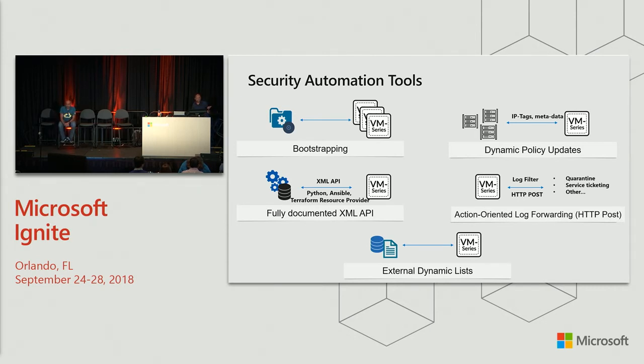For example, in the logging system, you can set all the filters you want to say, these are the things I'm looking for. If I see these types of malware, I want you to take this action. Essentially, it's just a simple HTTP post. For example, it can launch an Azure function that can go and quarantine that VM. Or it's an HTTP post to your service desk or ServiceNow system that creates a ticket for somebody to go and investigate that, right? There are some examples of this in our GitHub repo.